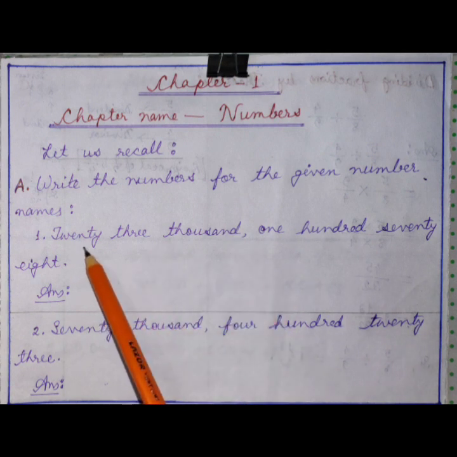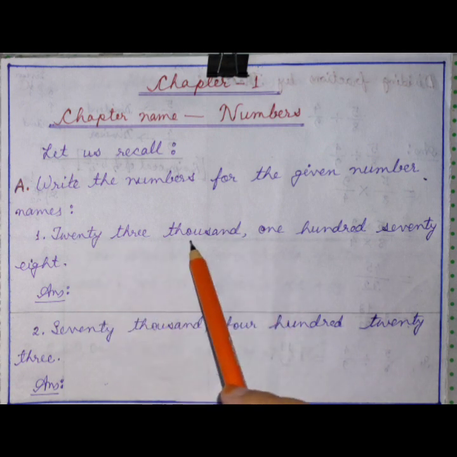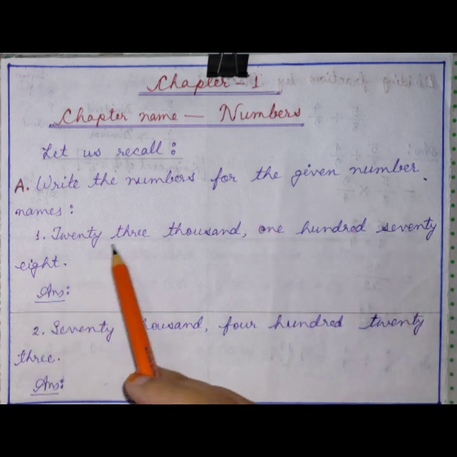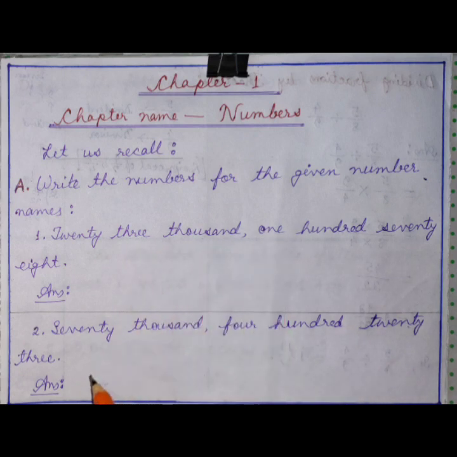First one, it is 23,178, okay. 23,178, right? Now, first let us recall the places of the Indian place value system.